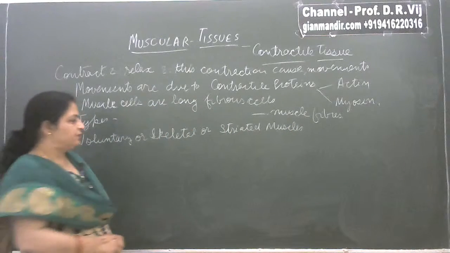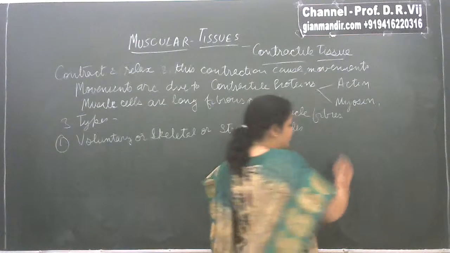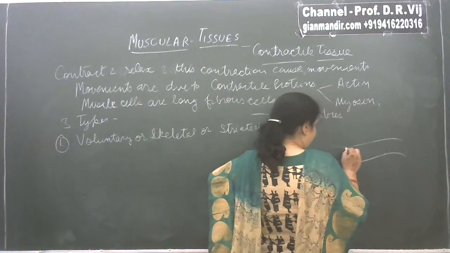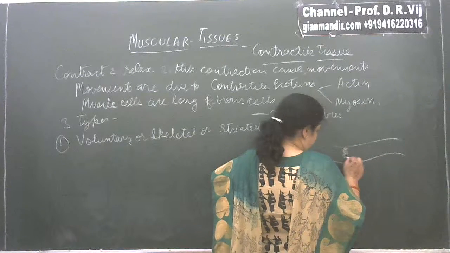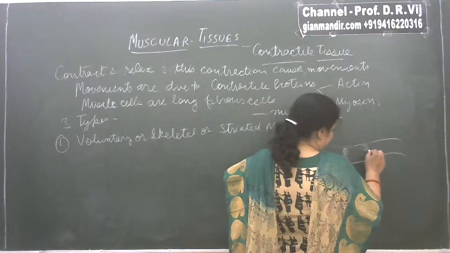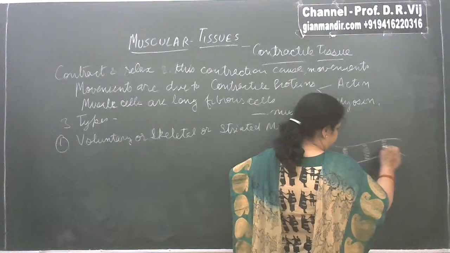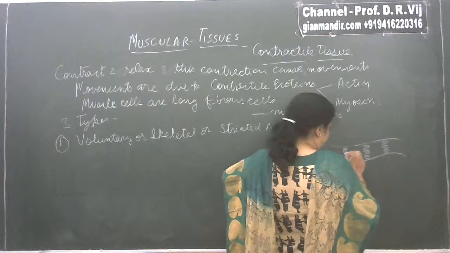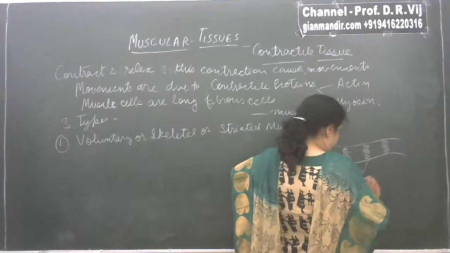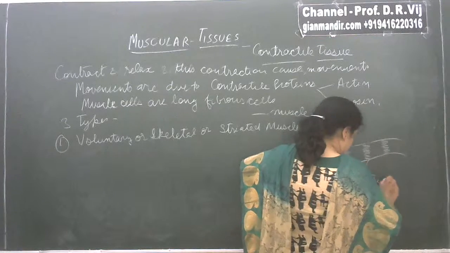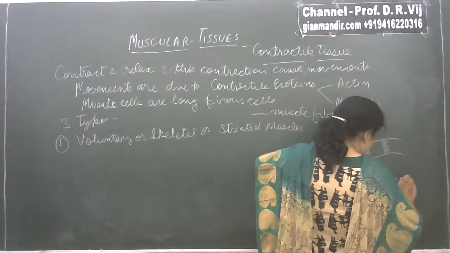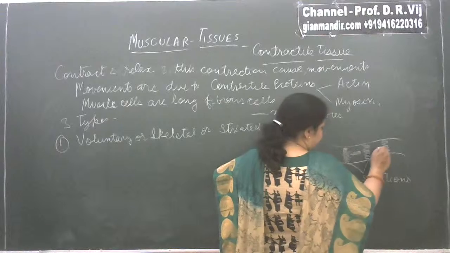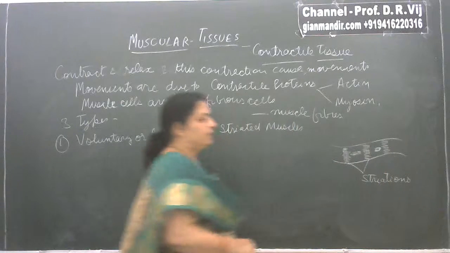If you look at the structure, these cells are long and cylindrical, and they have alternate dark and light bands called striations. Here you can see alternate dark and light bands, and these are known as striations. These cells are also multinucleate.